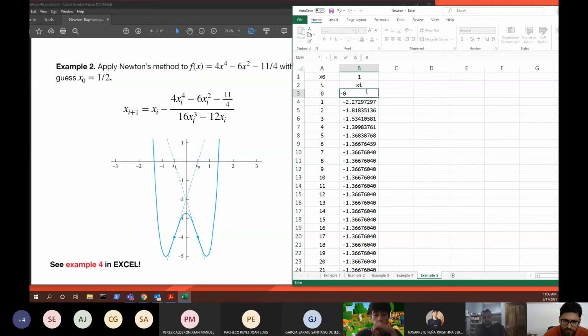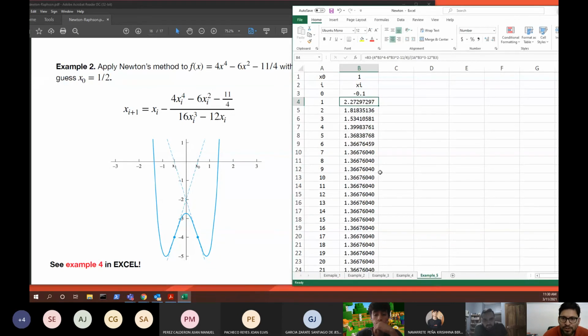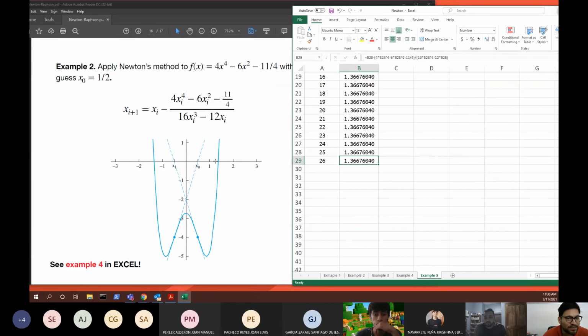So I'm giving a 0.1. What if I give minus 0.1? You see that it's now negative, positive. I'm providing a negative root, and then I move to the next root. So this function has roots at minus 0.36 and at plus 1.36.